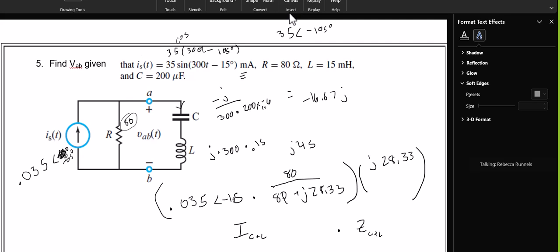Negative 105 times fraction 80 over 80 plus J28.33 times J28.33.